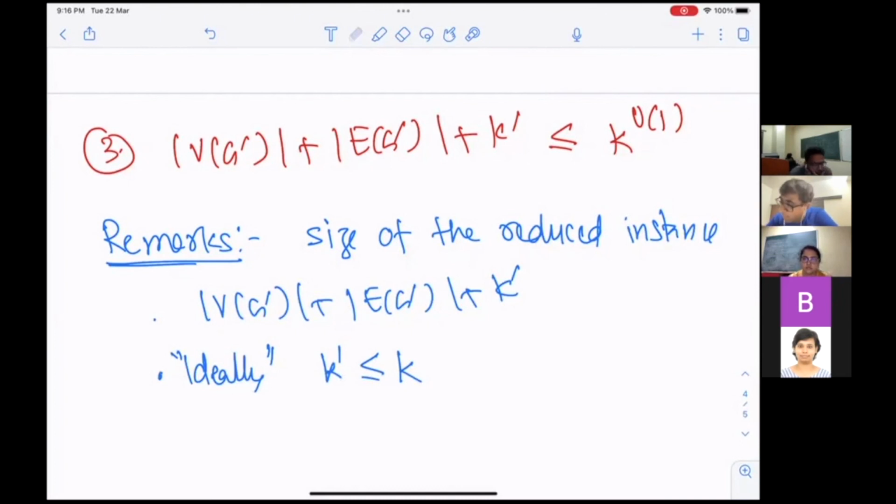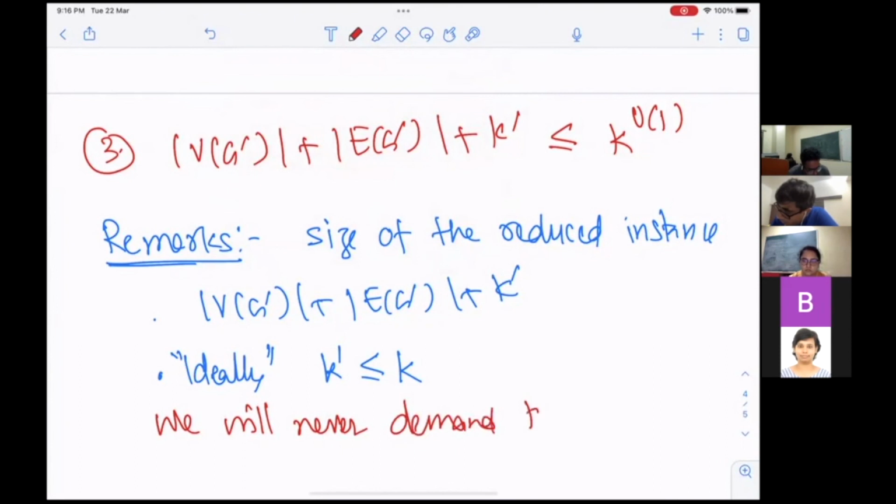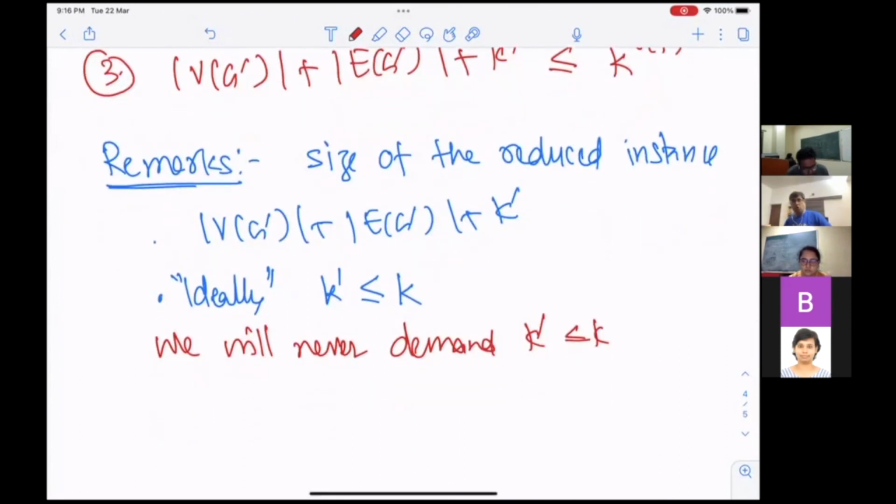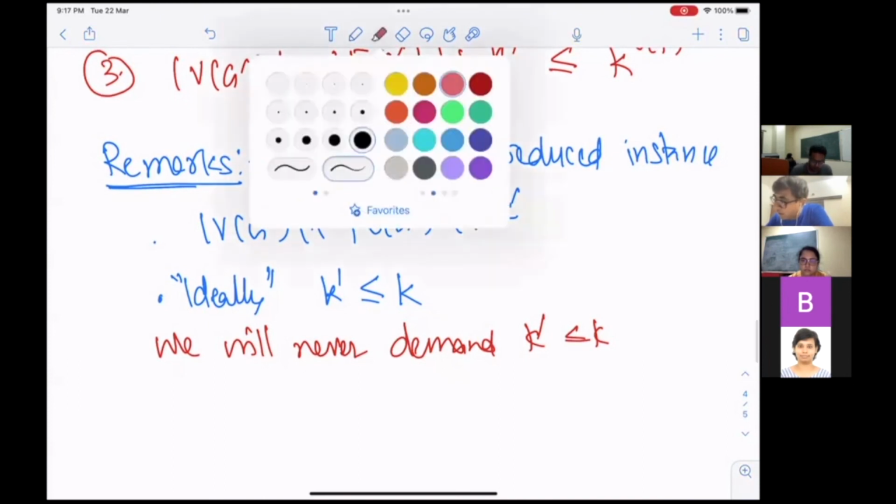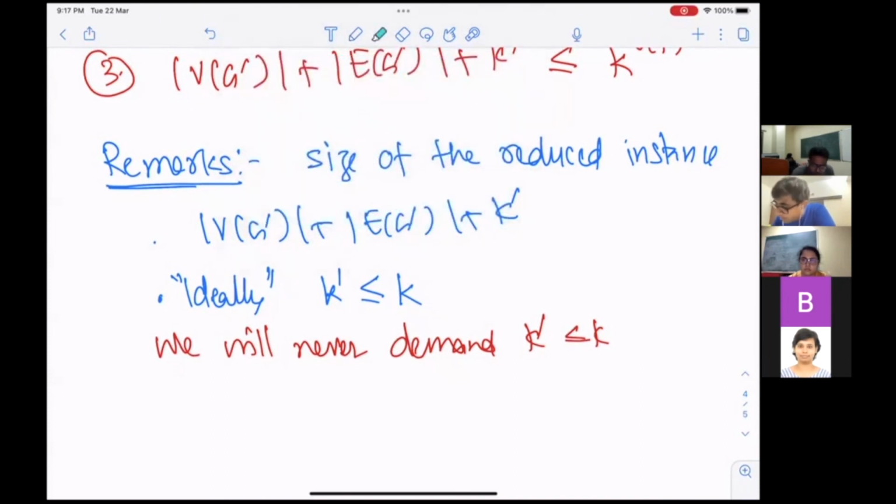We will never demand that K prime is less than or equal to K. But for all the things which we will be doing, K prime will be less than or equal to K. We will come back to this situation and tell you when this kind of situation is useful for us, but not now.